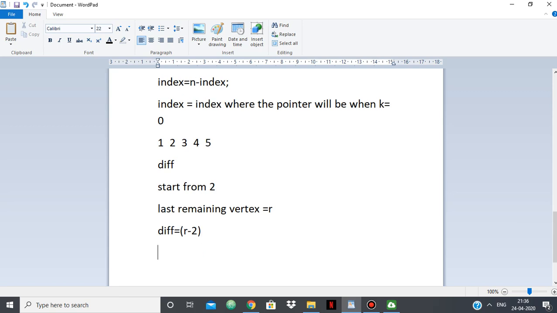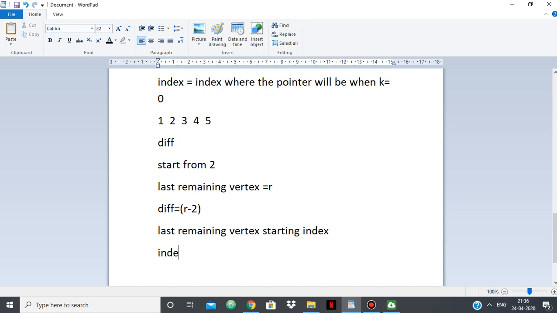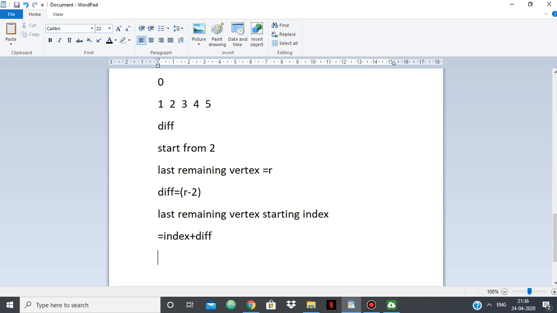Then starting with index I, where the pointer will be is index plus that difference, because the difference will be common. So the last remaining vertex will be index plus diff. I hope that you've understood this much. I know it's a little confusing.